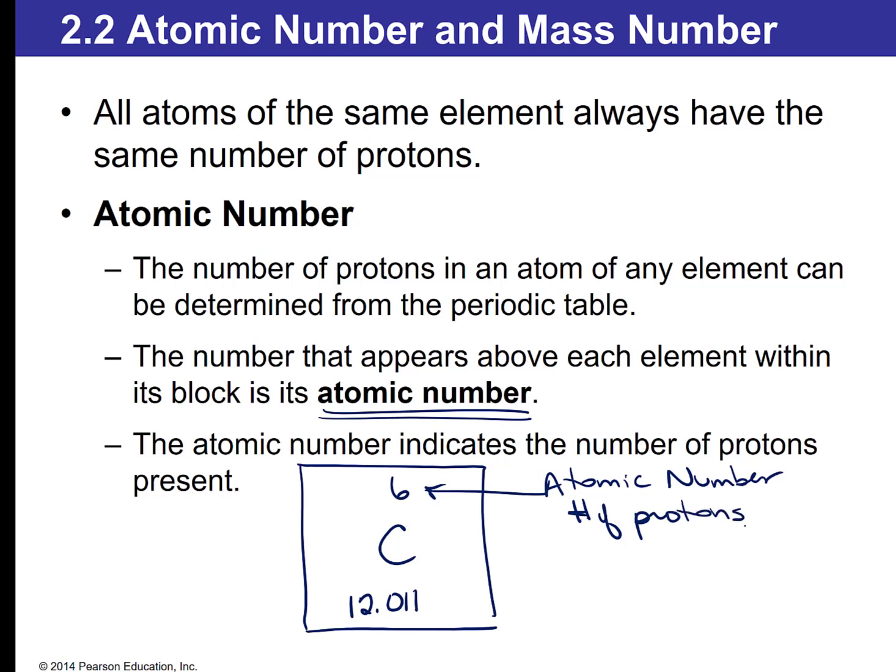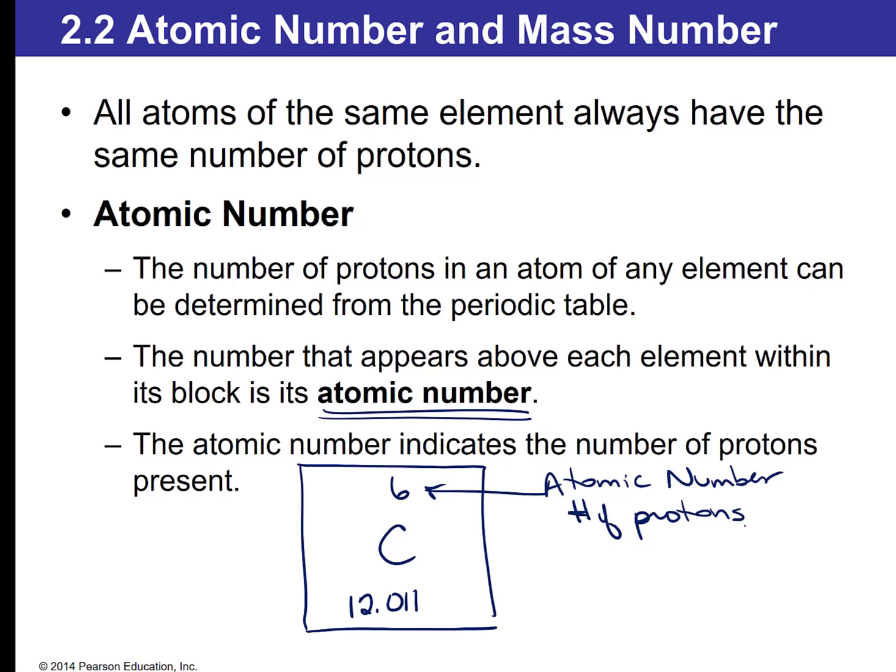Every atom that is carbon has 6 protons. So that defines what the element is. So if I said, what is the element that has 8 protons? You would look at the periodic table and you would say, oxygen.